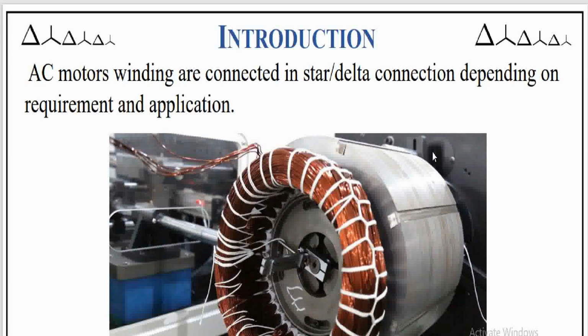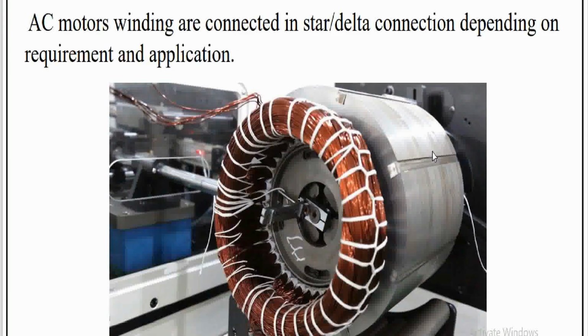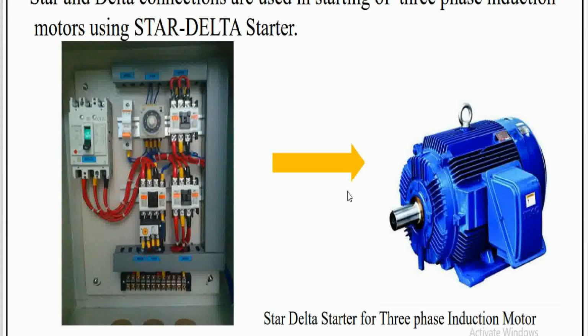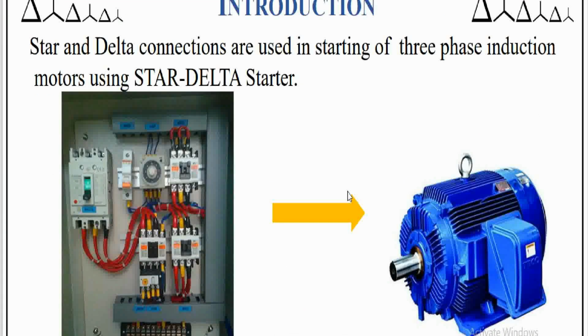AC motor windings are connected in star or delta connection depending upon requirement and application. So this is your AC motor winding. Star and delta connections are used in starting of three-phase induction motor using a star delta starter.